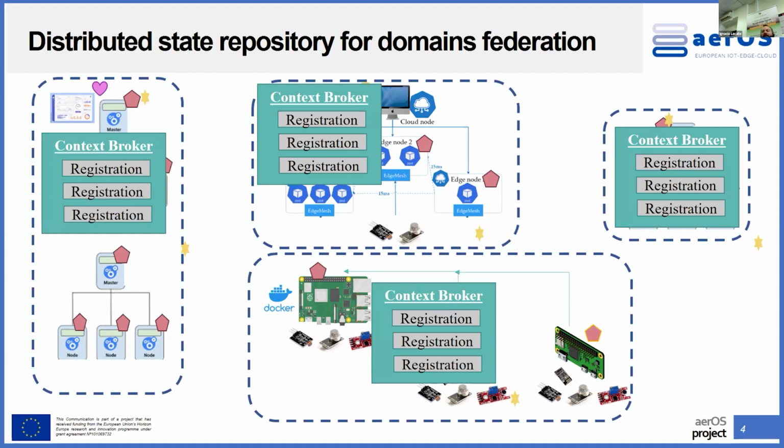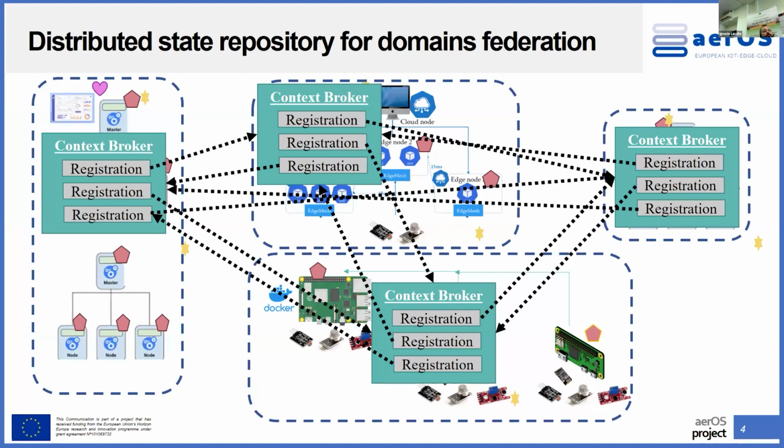But then, thanks to cross-registration subscriptions that we automate so that they consume as little network bandwidth as possible, from any point of the whole continuum of domains that join the aerOS perspective, we allow them to be continuously aware of everything that's happening everywhere, so that every piece of these domains can take a decision based on the whole status of the continuum, not only on the local side.